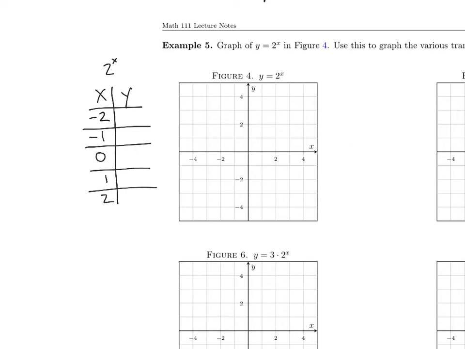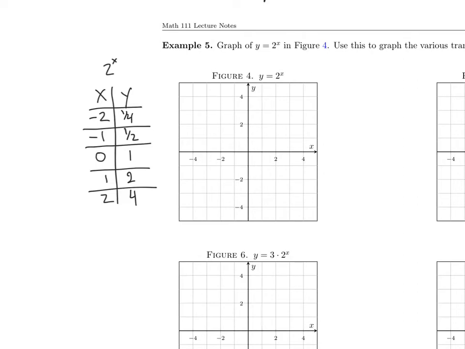If I take 2 and plug it into our function, 2 to the power of 2, we're going to get 4. If I take 1, plug it in, we're going to get 2. 2 to the power of 0, or anything to the power of 0, as we know, is just 1. 2 to the power of -1 becomes 1 over 2, where you change that into a fraction. And then 2 to the power of -2 is going to become 1/4.